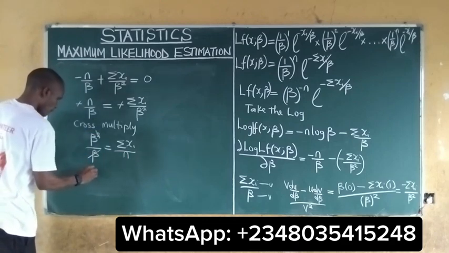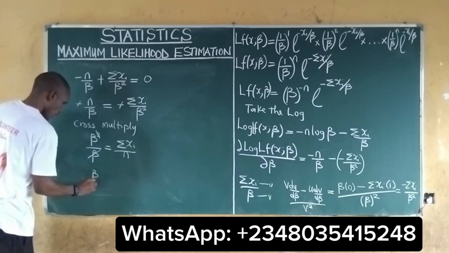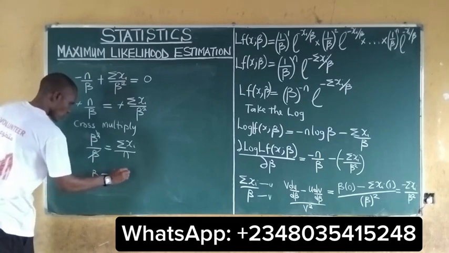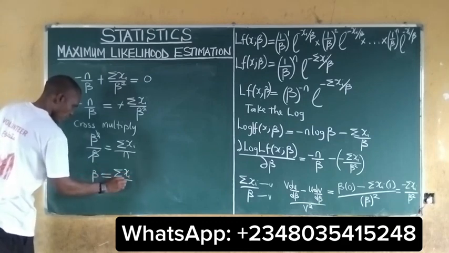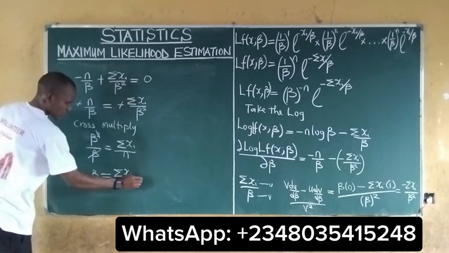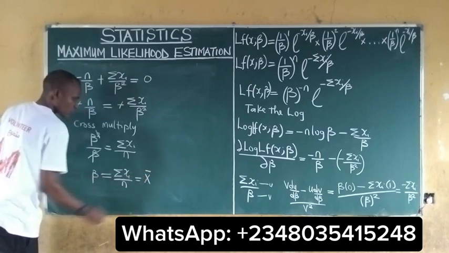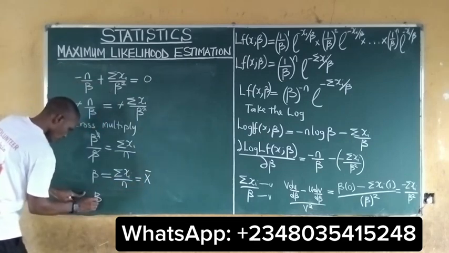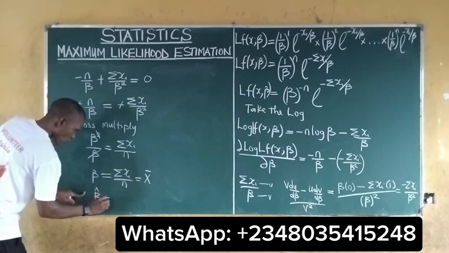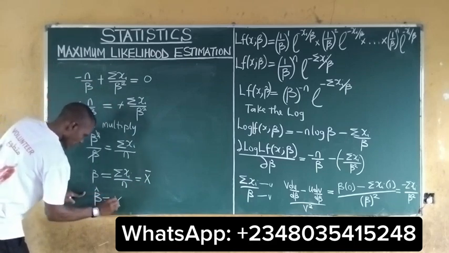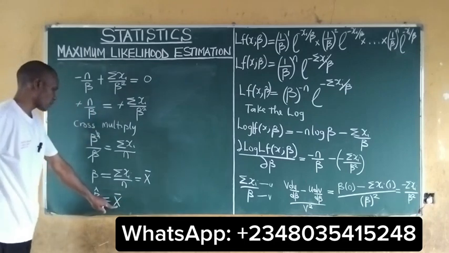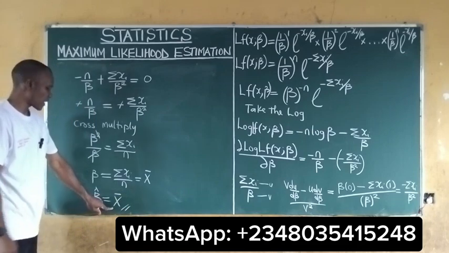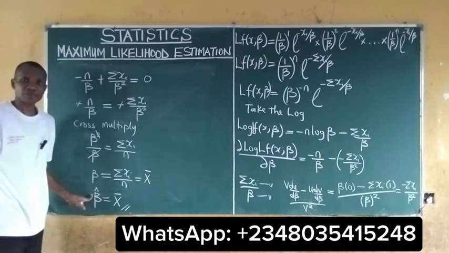So we'll be left with beta equal to summation of xi all over n. If we look at this, it is equal to the mean. So it means that our beta estimate, which we are asked to look for, is equal to the sample mean. So we have succeeded in finding the estimate of beta.